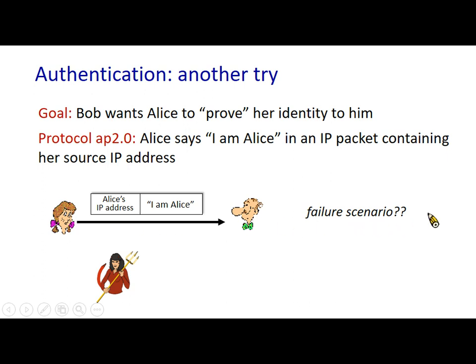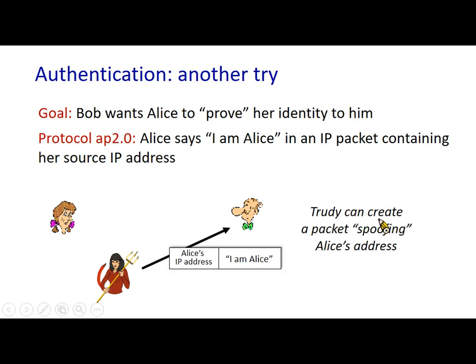The failure scenario: Trudy can create a packet spoofing Alice's IP address. It is a spoofing packet from Alice's address, created by Trudy.